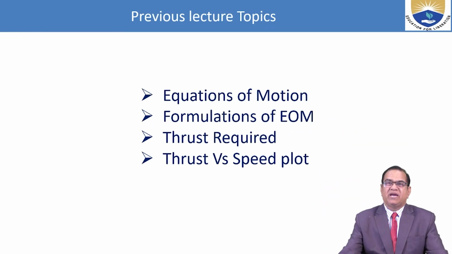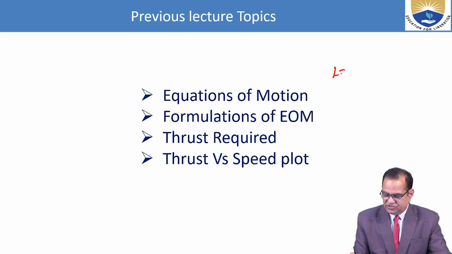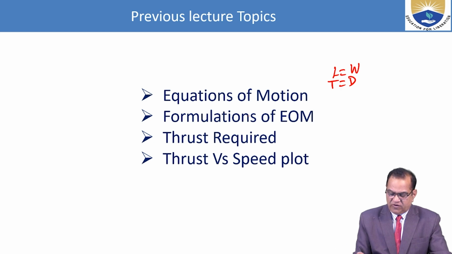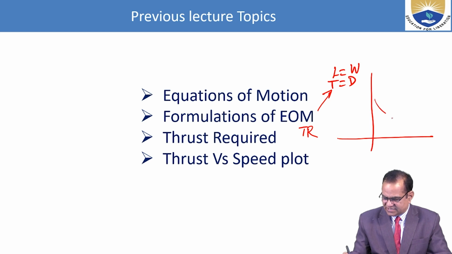In my previous lecture, I discussed the equation of motion. We derived that lift is equal to weight, and thrust is equal to drag. And we saw the formulation of how to find the thrust required. We have also done this plot of TR versus velocity.